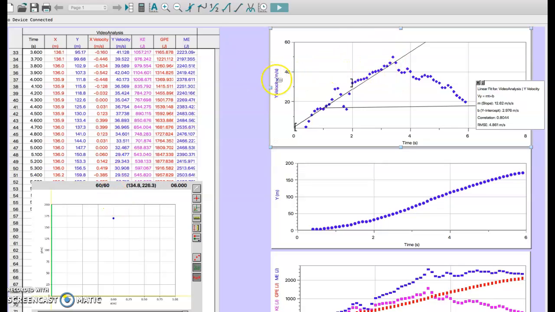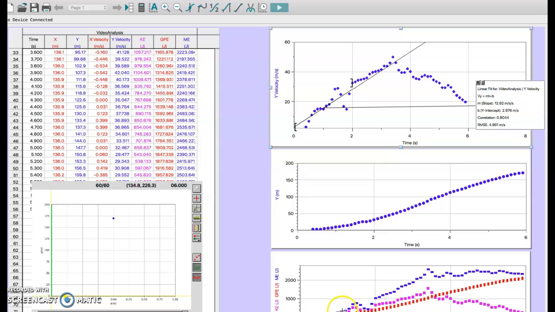Here we have the y velocity versus time graph, the position versus time graph, and kinetic energy, gravitational potential energy, and mechanical energy. Here we are seeing that the kinetic energy rises as time goes on, but then falls back down as the rocket slows down.